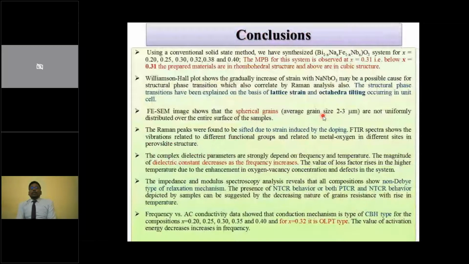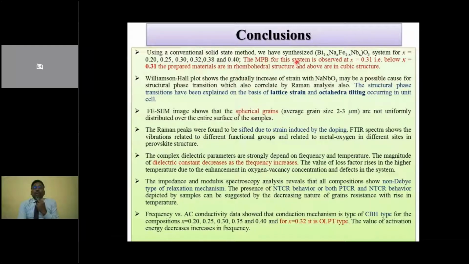Now coming to the conclusion. First we synthesized the material, sodium niobate modified bismuth ferrite, or we can say a solid solution between sodium niobate and bismuth ferrite, with compositions of x equal to 20, 25, 30, 32, 38, and 40, by the solid state synthesis method.